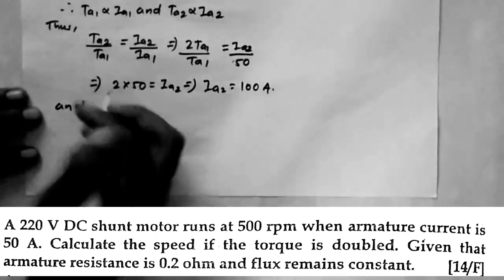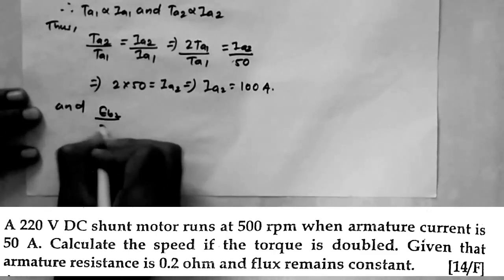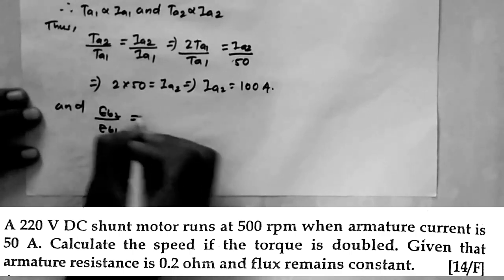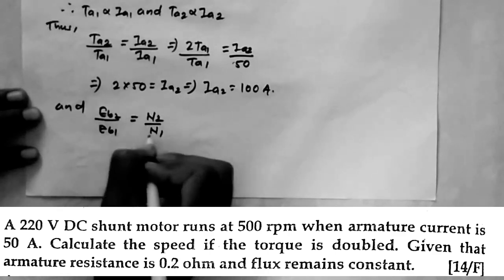And again we know Eb2 upon Eb1 equals N2 upon N1. So we can write these relations.